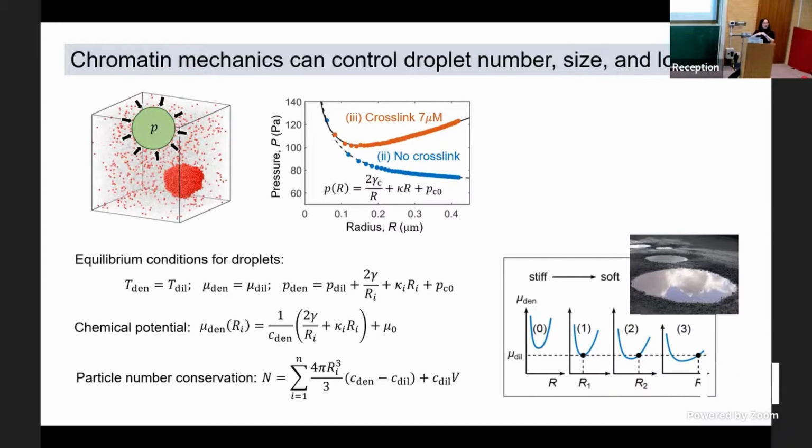It's the bulk modulus. It's the slope of the pressure increase versus the radius. As the droplet grows further, you have more and more pressure, and that is the slope.